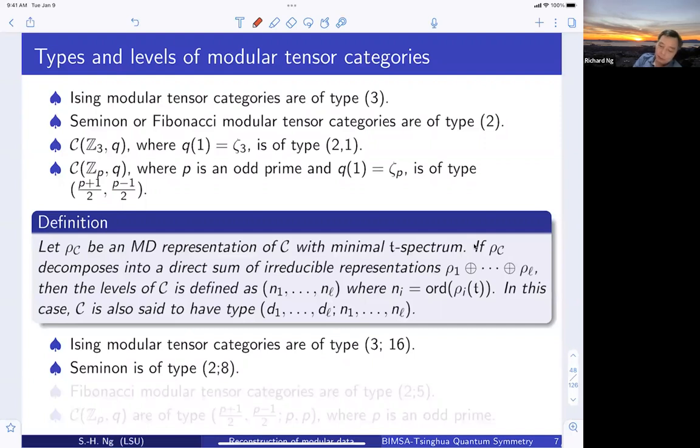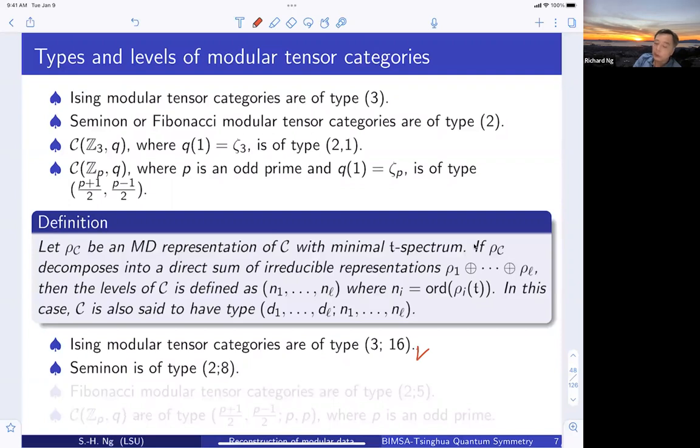So for example, in this case, all these Ising tensor categories of this type, all the Galois conjugates, and also replacing the spherical structure.